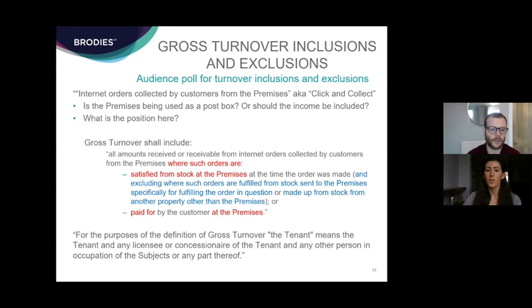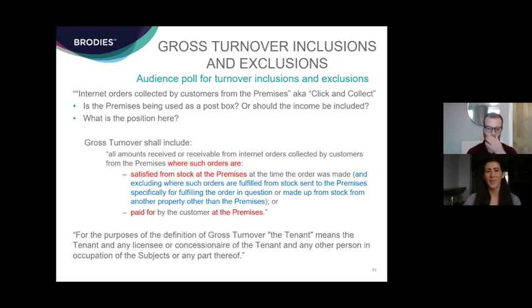So for example, I think the example here is Zara. They've got shops where you can go in and order on an iPad in the shop, but the delivery is just sent to your house. So what do you think would happen in that scenario?